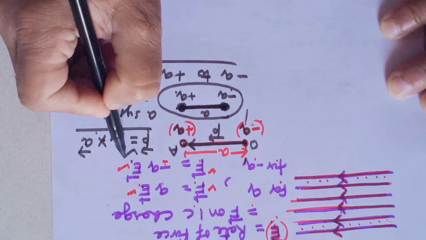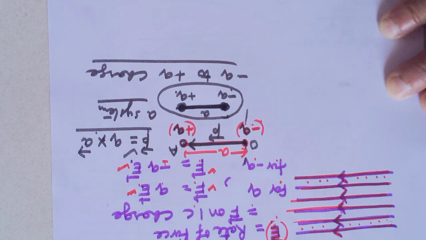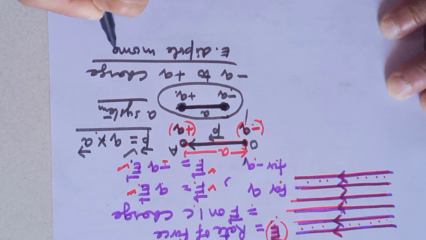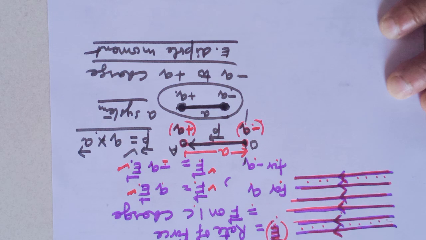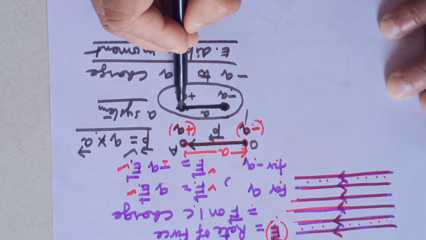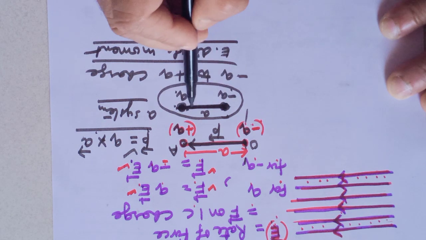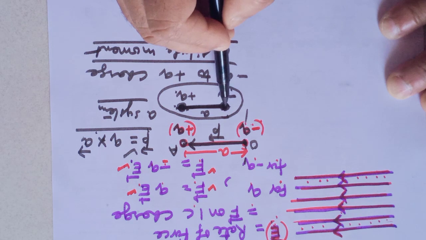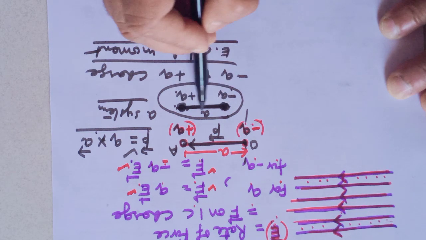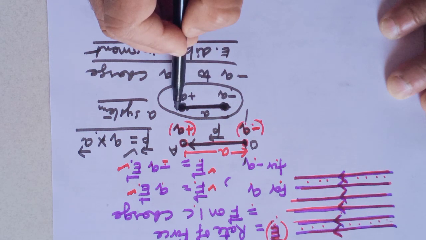This is the direction of the electric dipole moment. In any case, these two charges cannot be freed. We cannot think of a free existence of these two charges.